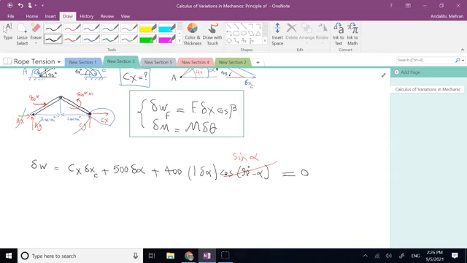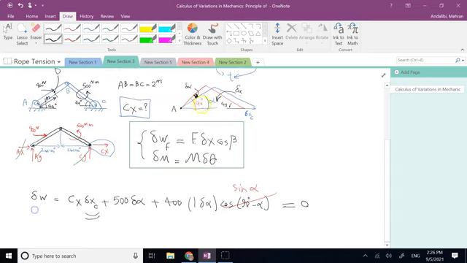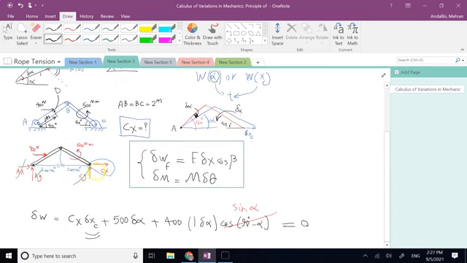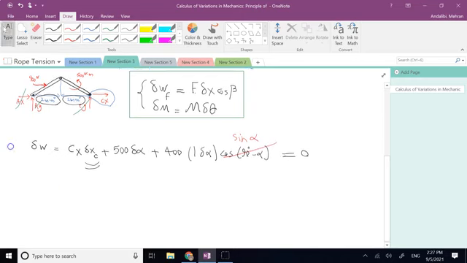Now, the only thing that also needs to be in terms of alpha is this delta x of C, because delta x of C also depends on angle alpha. If you remember, the position of point C in general is 4 times cosine of the angle. So x of C in general is 4 times cosine of alpha.